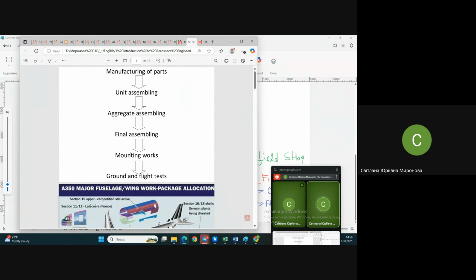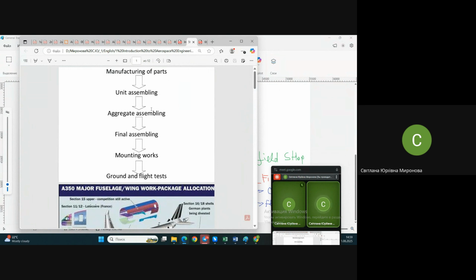Or one more word that you may meet: manufacturability, producibility, assemblability. It's not one more word, it's a whole group of words like weldability, castability, and so on. It comes about the properties of a product or piece of product, like a part, that reflect its ability to be produced in one way or another with a minimum of costs, whatever cost it comes about: money, time, material, and labor resources.